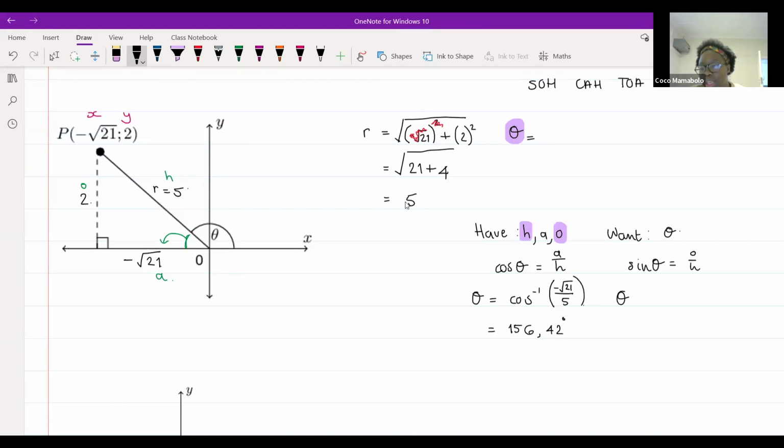If I go theta is equal to arc sine, so sine to the minus 1 of, what is my opposite side? It's 2 over 5. Good. Now, here's what happens when I put sine to the minus 1 of 2 over 5 into my calculator. It gives me 23,58 degrees.